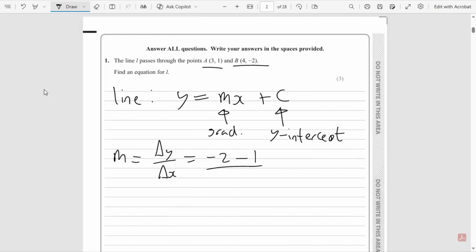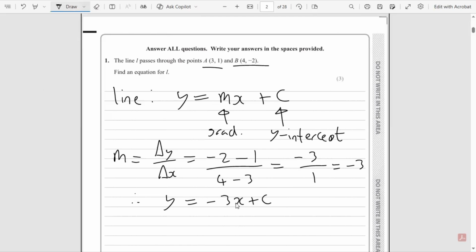With the x values, the x value for B is 4 and the x value for A is 3. So the difference is 4 minus 3. On the top, we have a difference of -3, and on the bottom, we have a difference of 1. So we know the gradient is -3, and the line is going to be y = -3x + c.